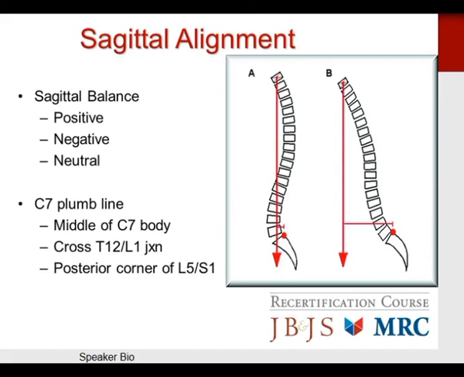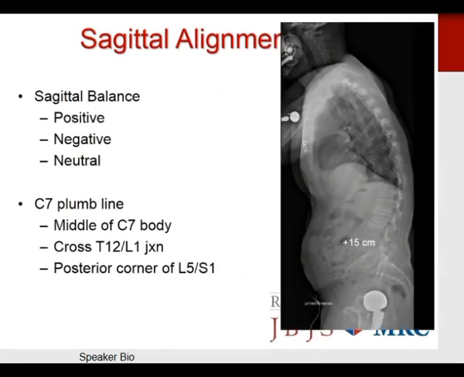If this falls anteriorly, that's considered a positive sagittal balance. Neutral is if it falls at the junction of L5-S1 or 5 centimeters in front of it, and negative is if it falls behind the L5-S1 junction. In this standing scoliosis radiograph, we can see this patient has a sagittal plumb line that is 15 centimeters positive, so this would be a positive sagittal balance.